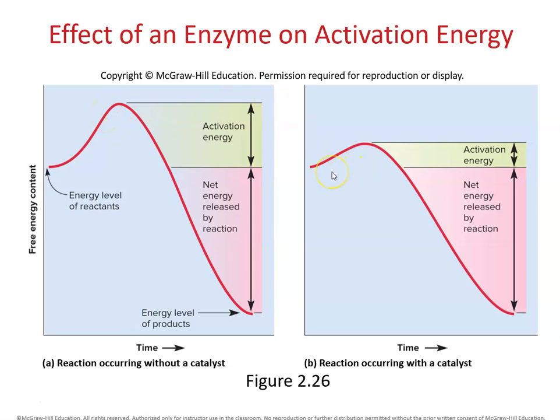Here, where we have our catalyst present, we still have the same amount of energy at the beginning, we still have the same amount of energy at the end, but we have lowered the activation energy. We have lowered the amount of energy that the cell has to invest in order to get the reaction started. So this is much more efficient for the cell to do.